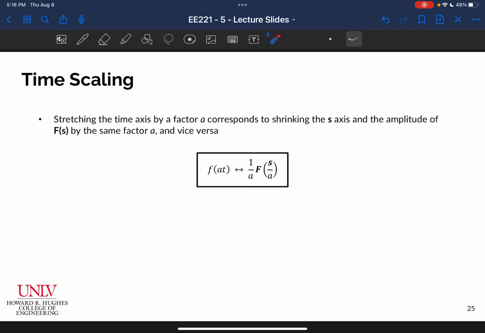And so we can see that here. We're saying if I had some function, f of t, and instead of passing in t, I pass in a times t, then the corresponding F of s would be divided by a, and the argument would also be divided by a. And so that is a property of the Laplace transform called time scaling.